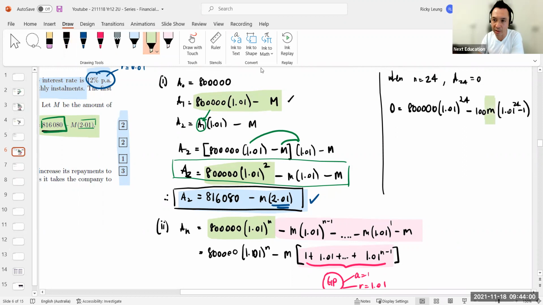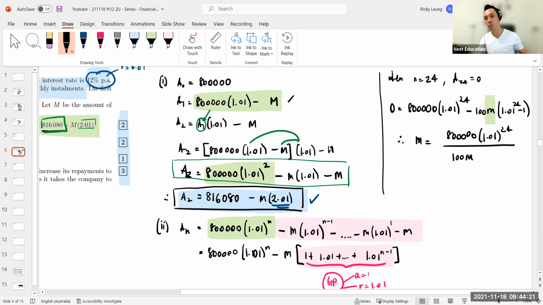What am I trying to do? I'm trying to make m the subject. So chuck that second piece over to the 0, make it positive, then divide everything else over. I'm sure your teacher wouldn't mind you going 800,000 times 1.01 to the 24 divided by 100 times 1.01 to the 24 minus 1.